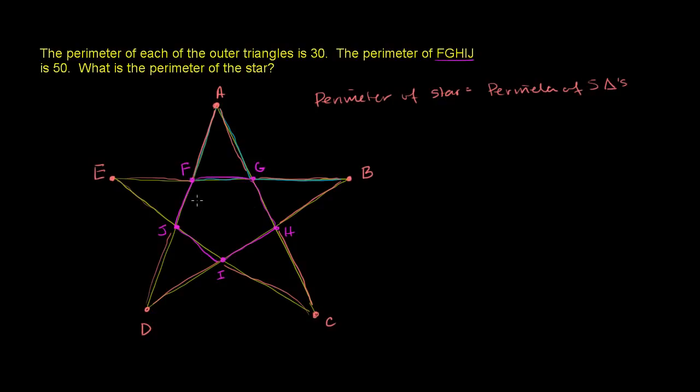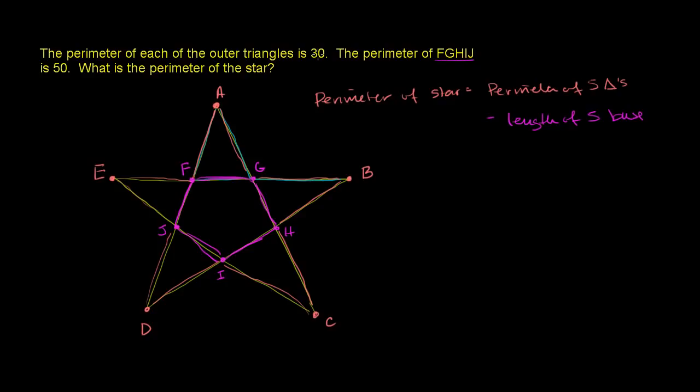If I take the perimeter of all of these guys, the part that shouldn't be part of the perimeter of the star would be this part, that part, that part, that part, that part, and that part. Those aren't part of the perimeter of the star. So it should be the perimeter of the 5 triangles minus the length of their 5 bases. So what's the perimeter of the 5 triangles?